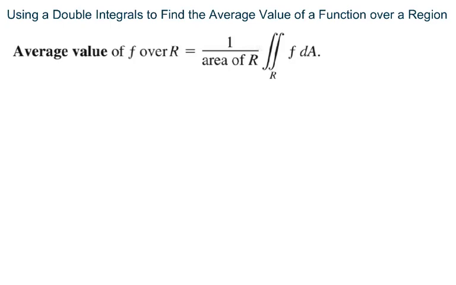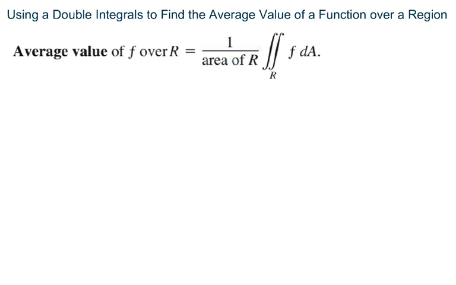Hello, friends. Now we're going to talk about using double integrals to find average values for a function. So you probably did some average value in Calc 1, and that would be the integral of the function divided by the length of the interval.